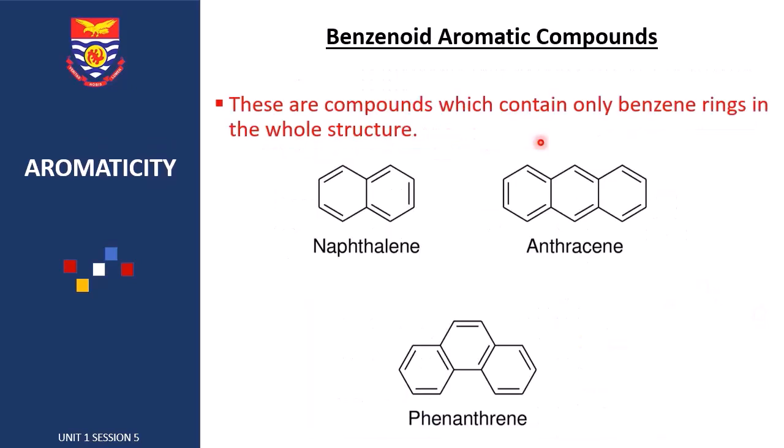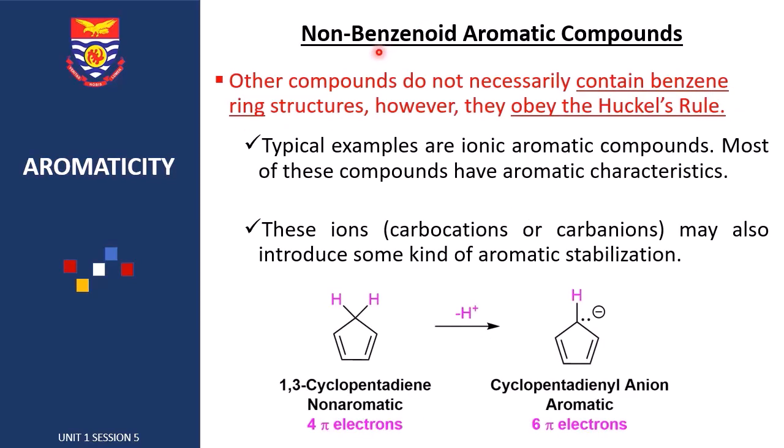Then we also have the benzenoid aromatic compounds. These are compounds which contain only benzene rings in the whole structure. Typical examples are naphthalene, anthracene, and phenanthrene. So we have aromatic, anti-aromatic, non-aromatic, and then benzenoid aromatic compounds. Then we also have non-benzenoid aromatic compounds.